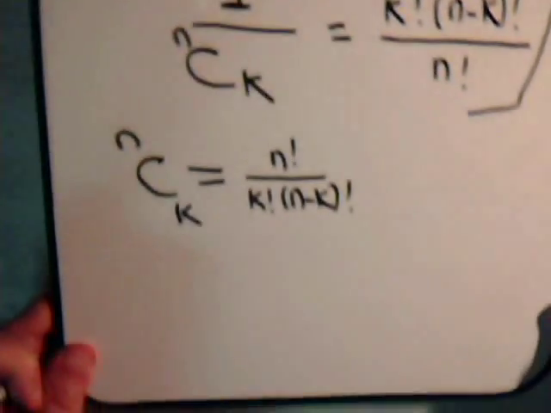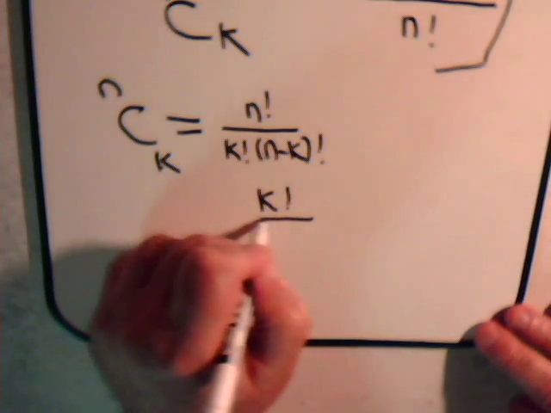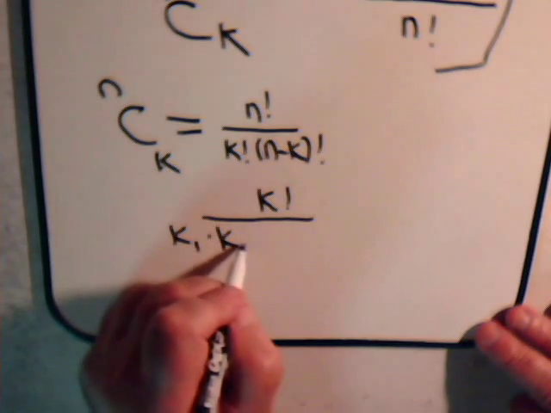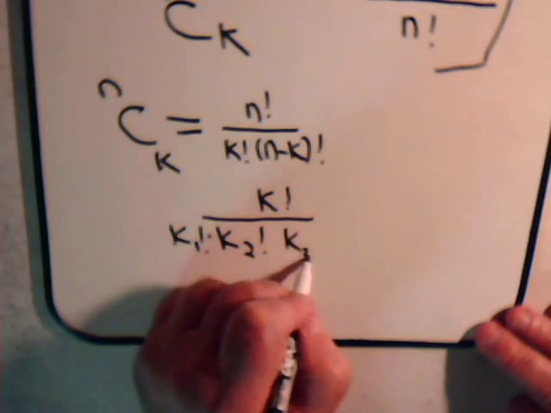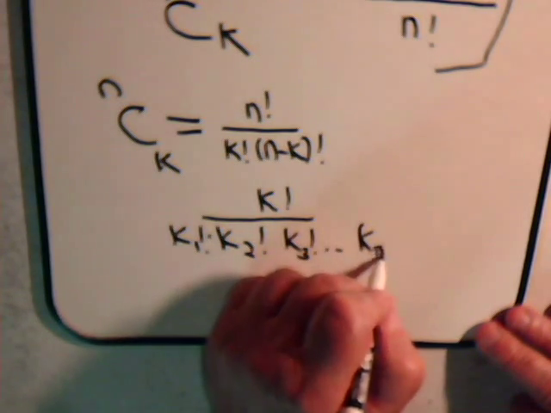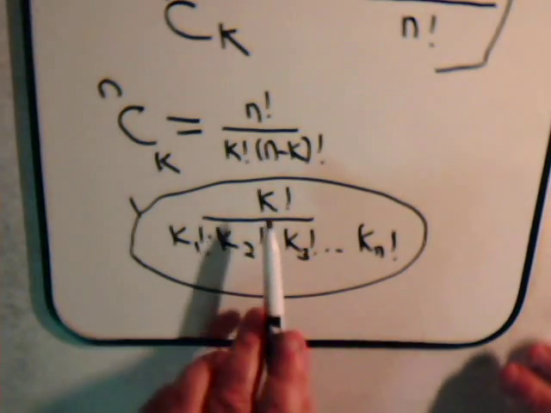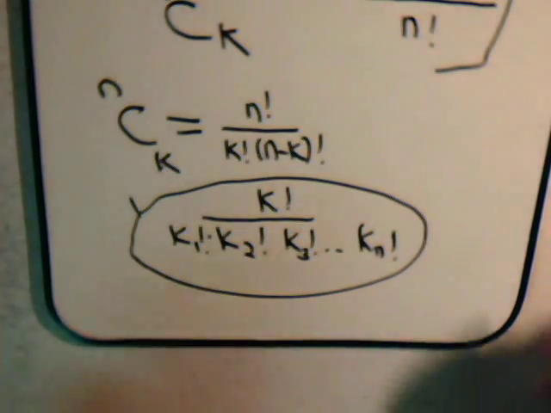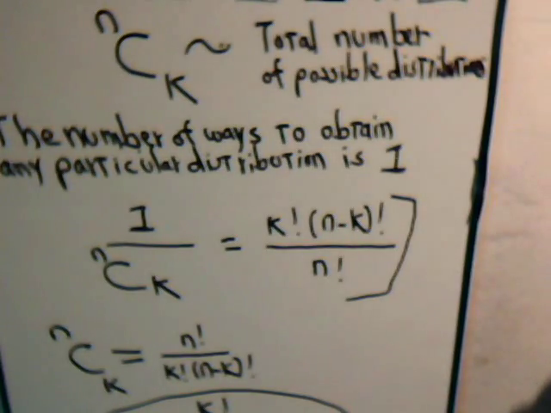In that case, it was the total number of objects, k, factorial, divided by the number of objects in the first box factorial times the number of objects in the second box factorial, times the number of objects in the third box factorial, like this. Again, we did this in our very first video. That is the total number of ways of obtaining any particular distribution in that scenario. In our problem, it was simple because the number of ways of obtaining any particular distribution is just 1.